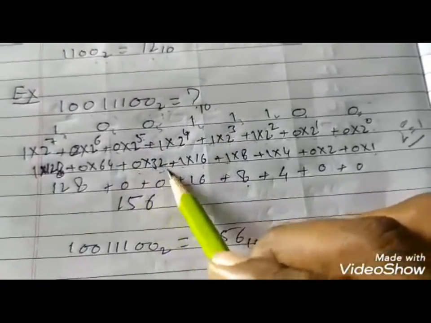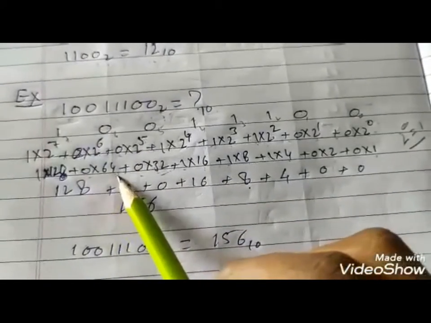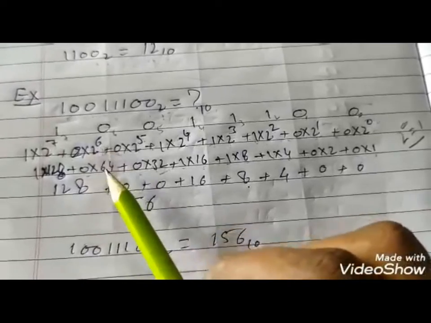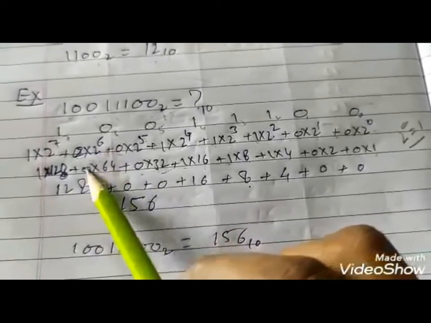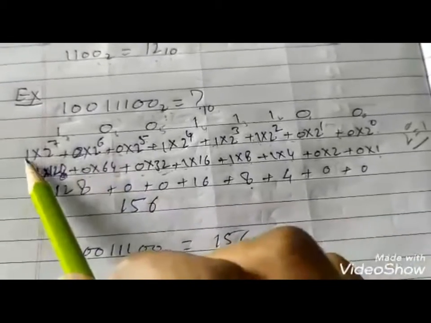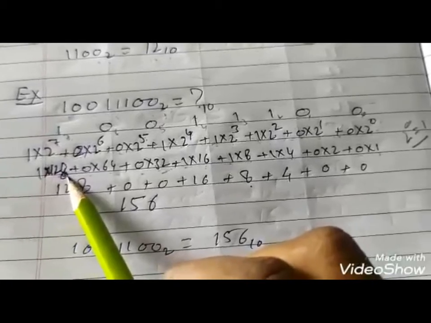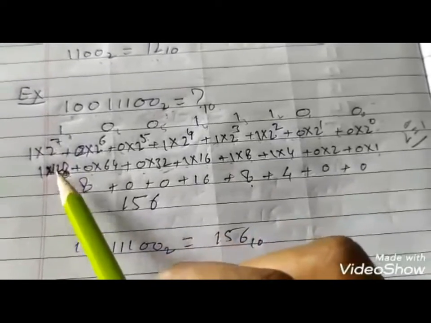So 0 multiplied by 32 plus 0 multiplied by 64, 2 the power 6 is 64. So 0 multiplied by 64 plus 1 multiplied by 128, 2 the power 7 is 128.